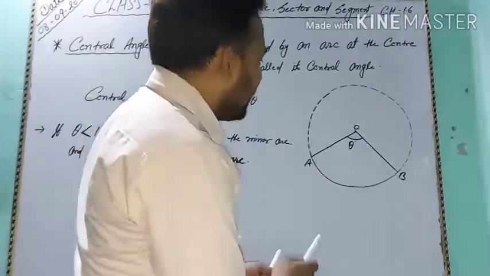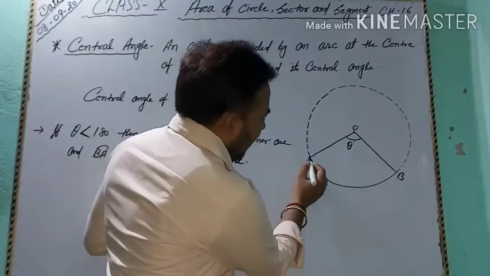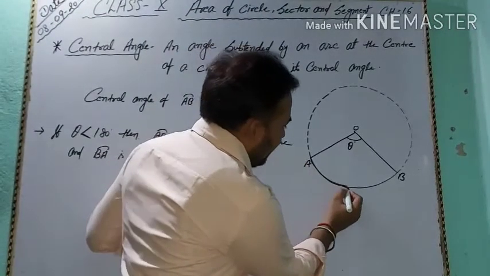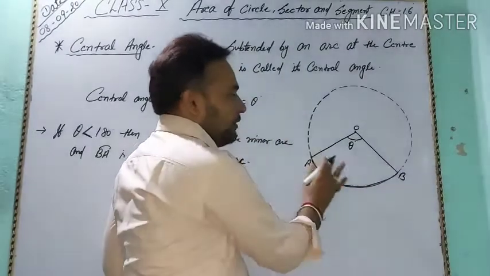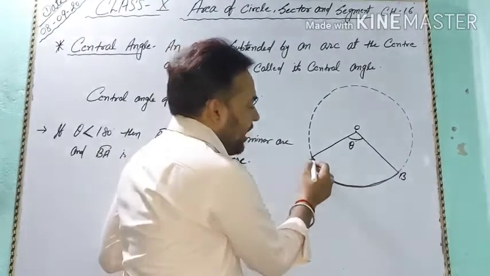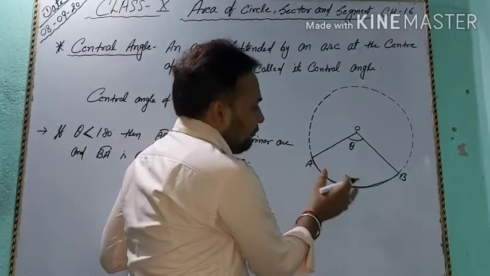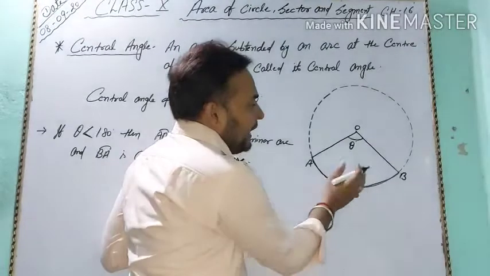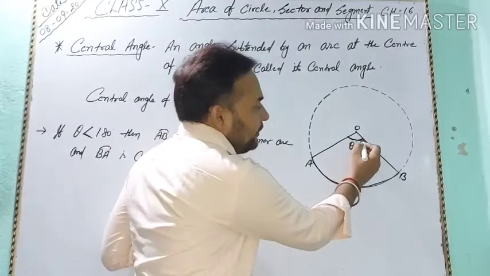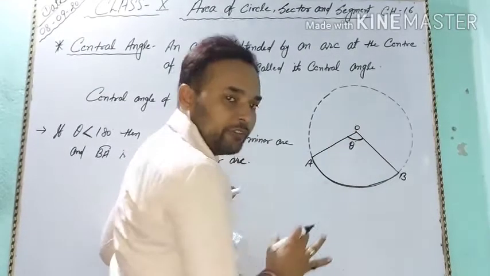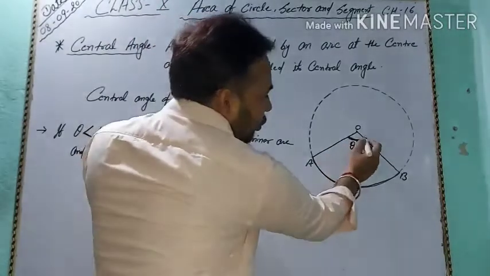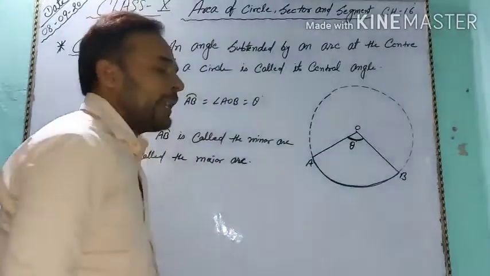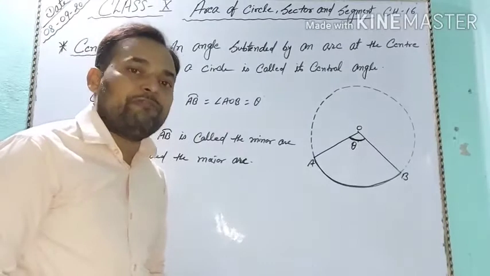Okay, so students, AB is the arc of the circle, and this arc subtends an angle theta at the center of the circle, so this angle theta is called the central angle of a circle.